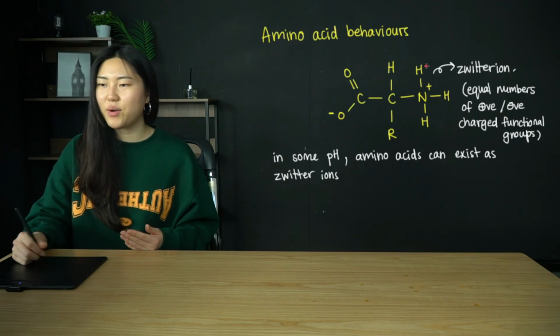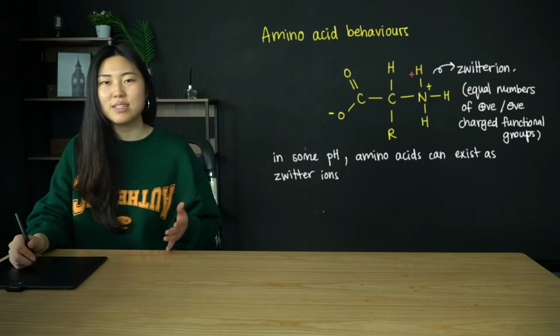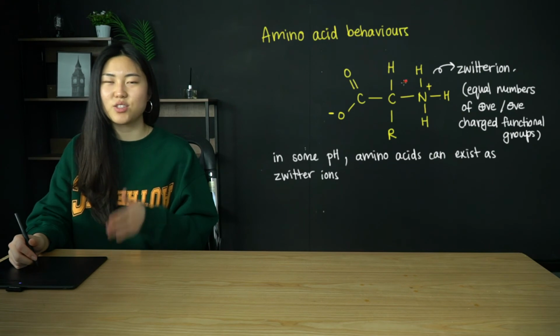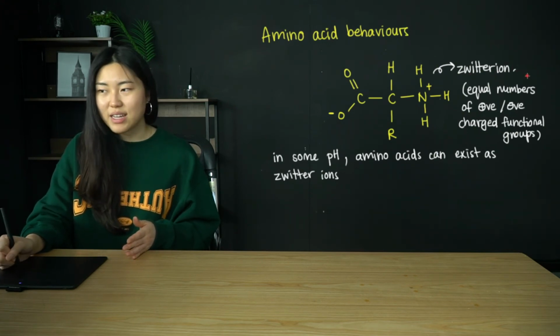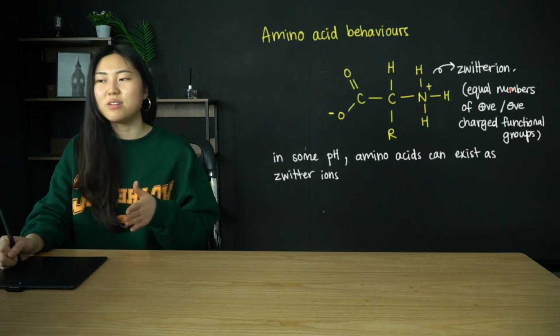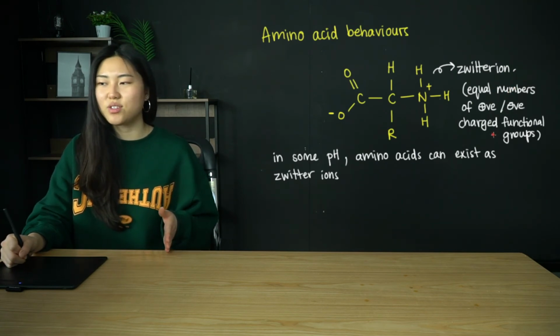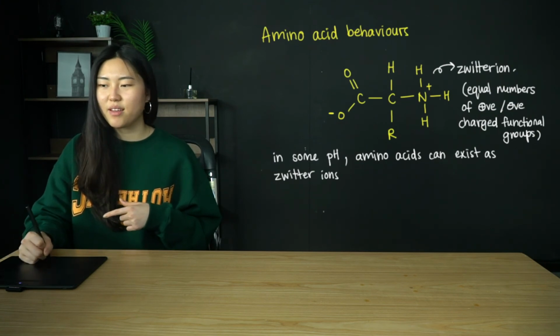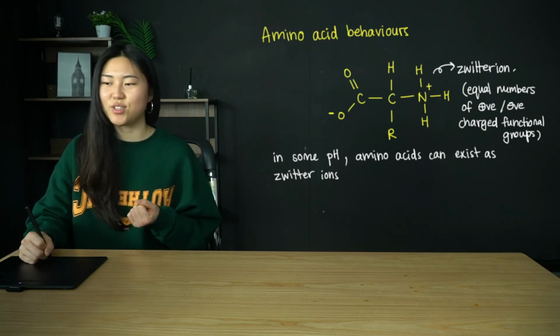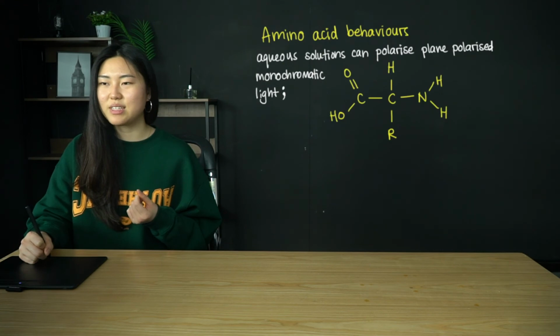And yeah, which means that amino acids can exist in certain pHs as zwitterions. So that is equal numbers of positive and negative charged functional groups present in the same molecule, okay? So that is one behavior that you should know about amino acids.